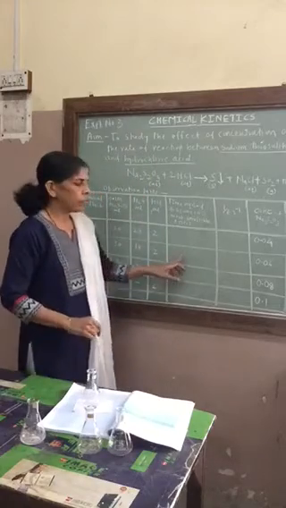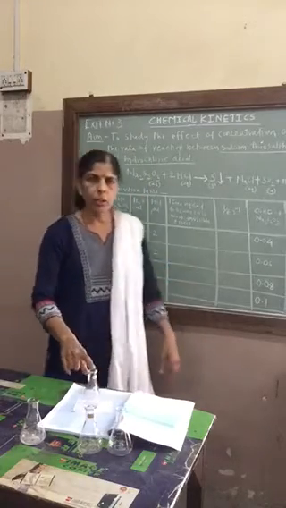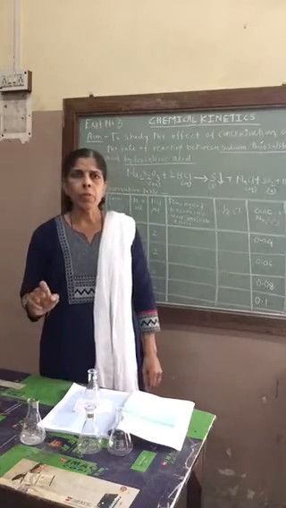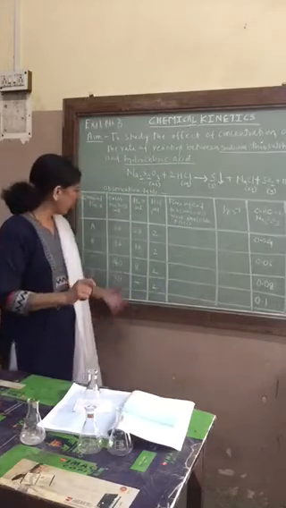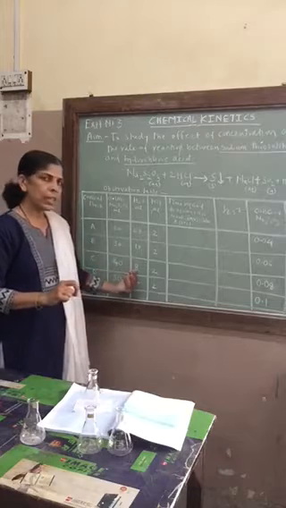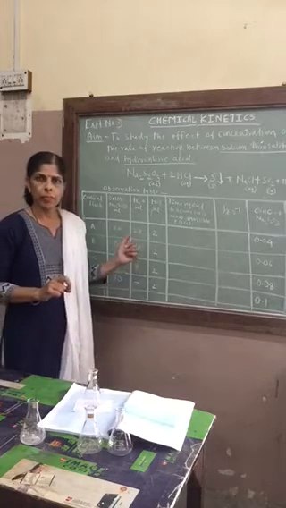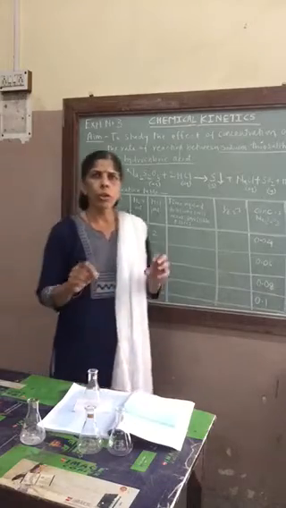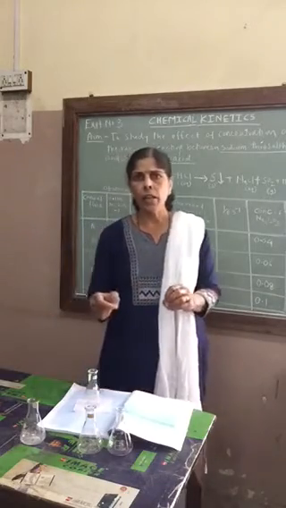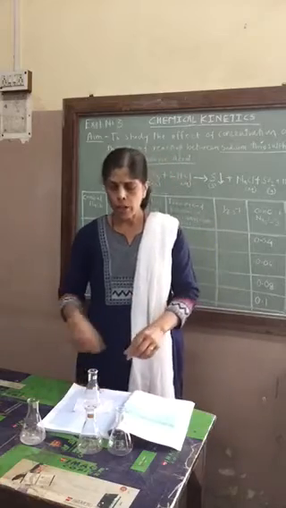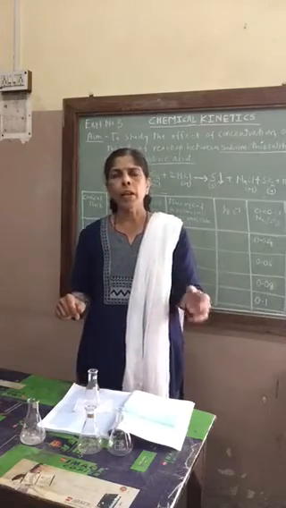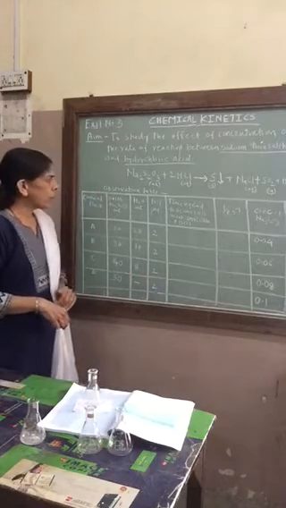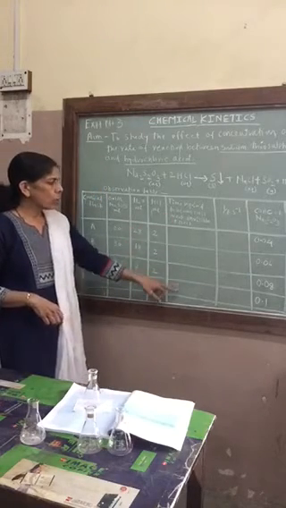Record the time, keeping an eye on the stopwatch while stirring. Follow a similar procedure for conical flask C and conical flask D. After completing B, take conical flask C, add HCl, start the stopwatch, start stirring, and note down the time required. This is the experimental part. All these timings you are going to record.